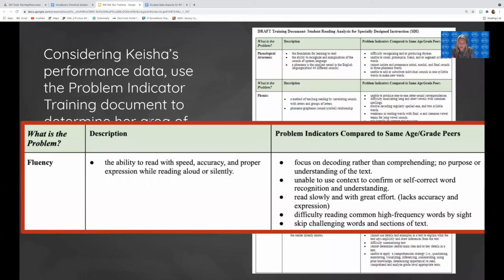That's why her comprehension is so low, because she's working really hard on decoding those words. She is reading below grade level, so it's probably slow and great effort, and also using those decoding skills. So we decided, just for the example, to focus on the fluency.